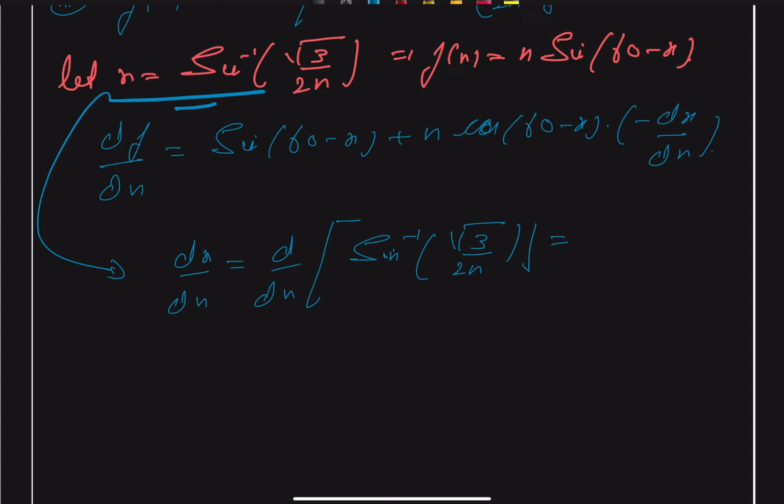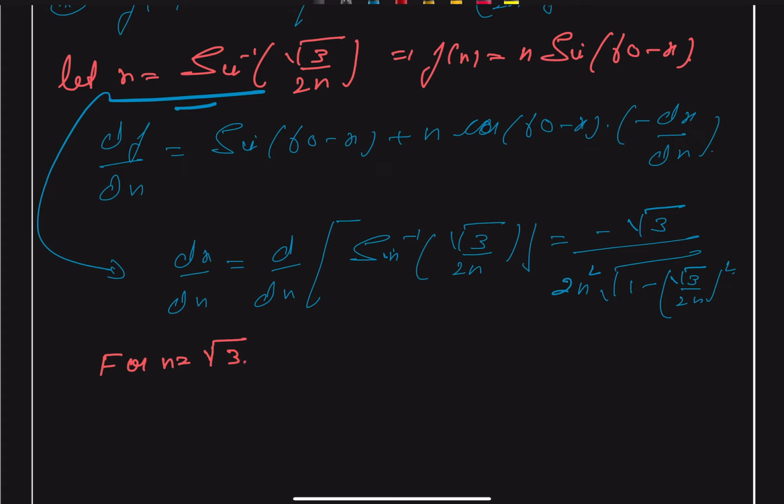This simplifies to minus square root of 3 divided by 2n squared, times square root of 1 minus (square root of 3 divided by 2n) whole squared. Okay. And for n equal to square root of 3.